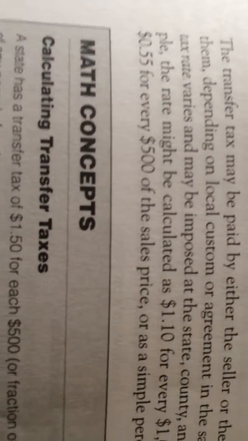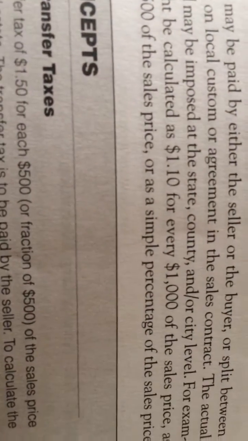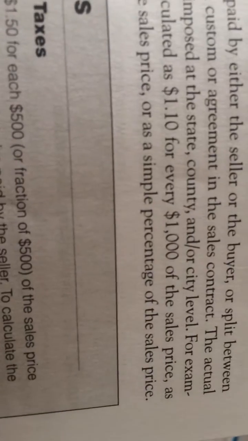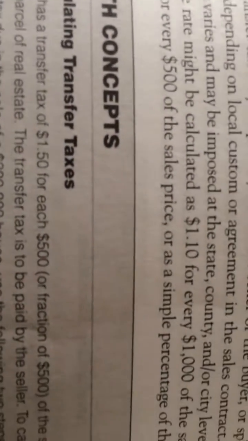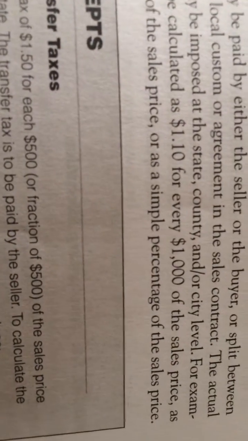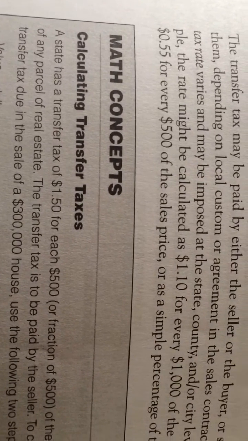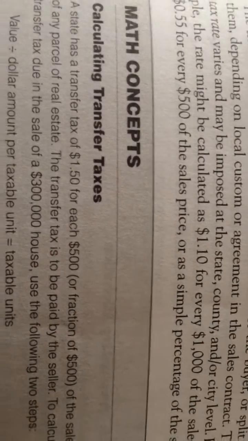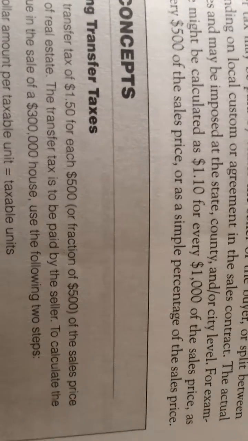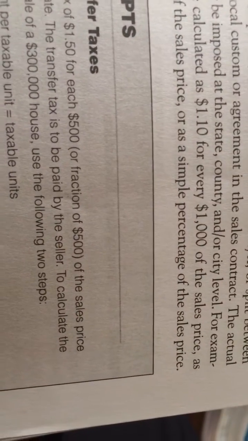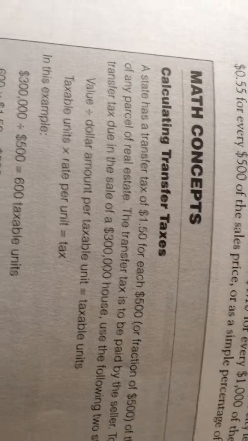The actual tax rate varies and may be imposed at the state, county, and/or city level. For example, the rate might be calculated as $1.10 for every $1,000 of the sales price, as 55 cents for every $500 of the sales price, or as a simple percentage of the sales price.